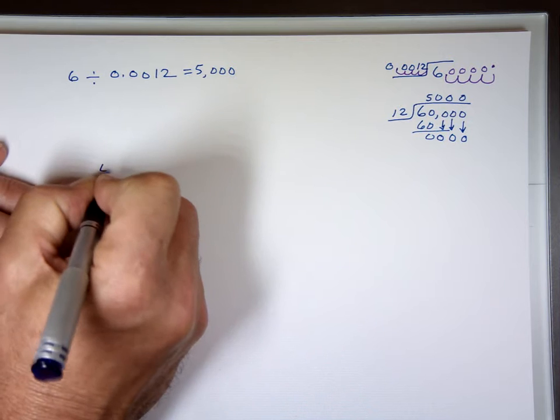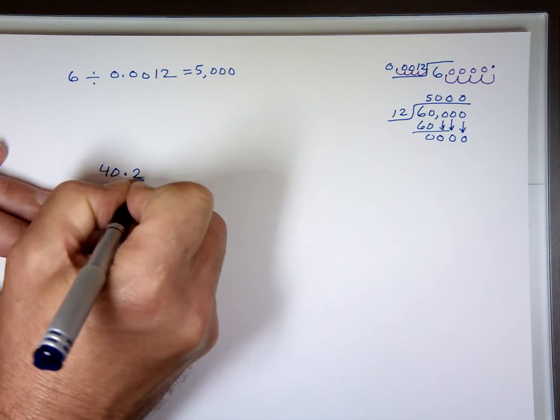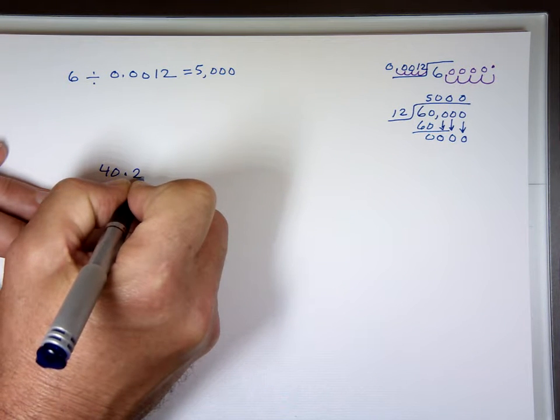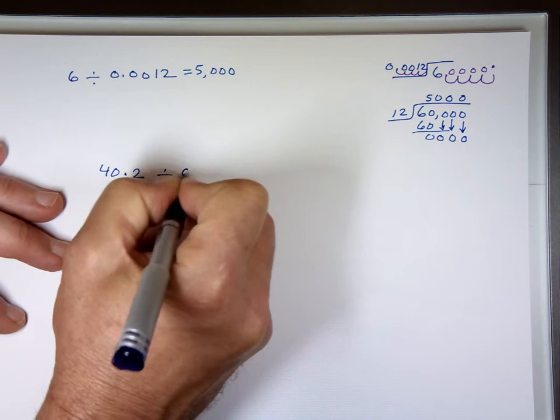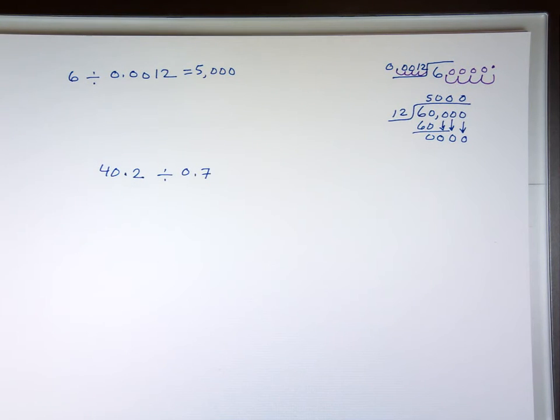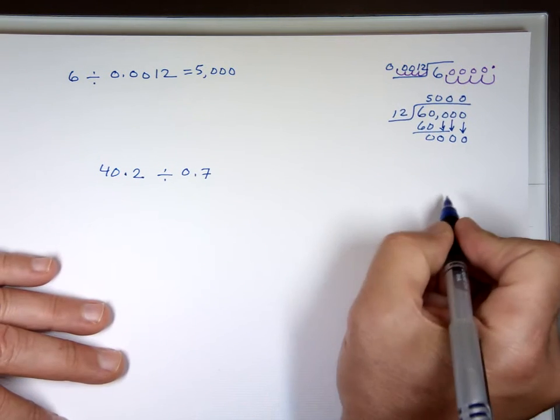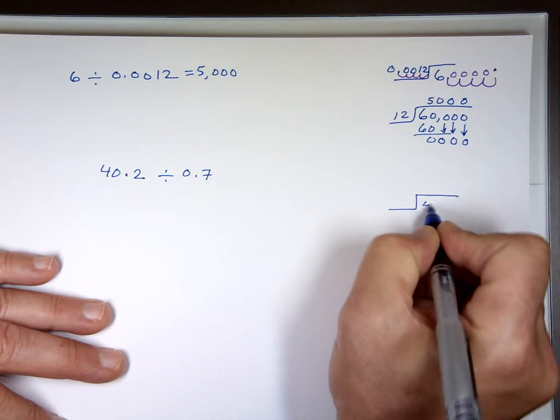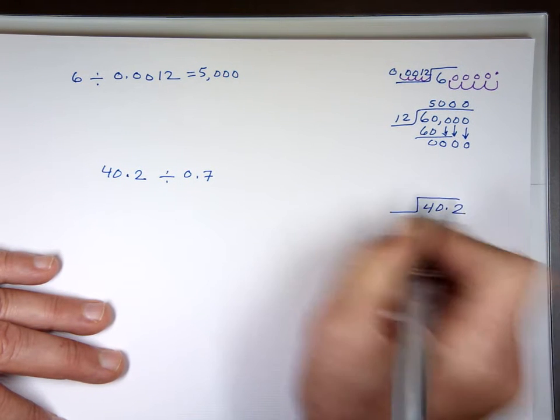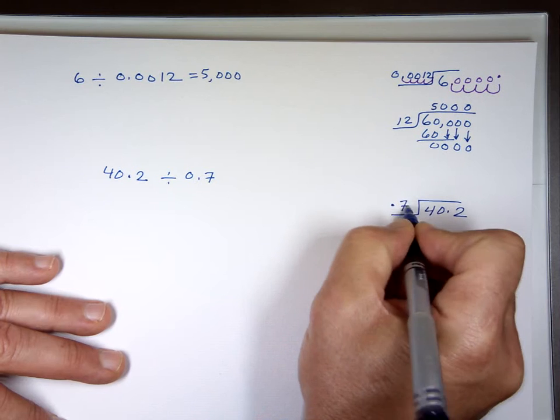Let's try 40.2 divided by 0.7. Again, 40.2 divided by 0.7.